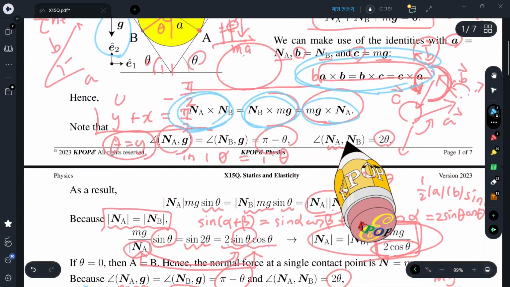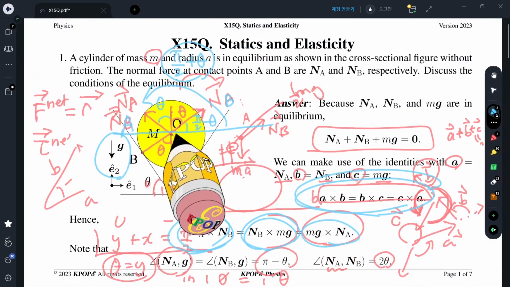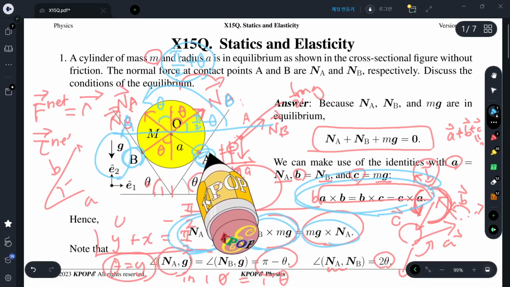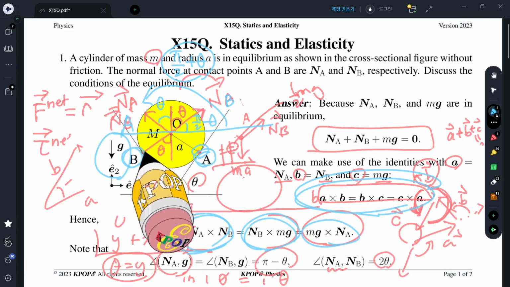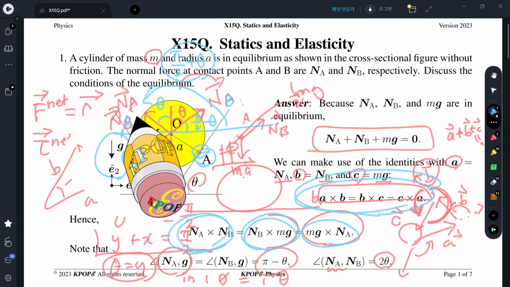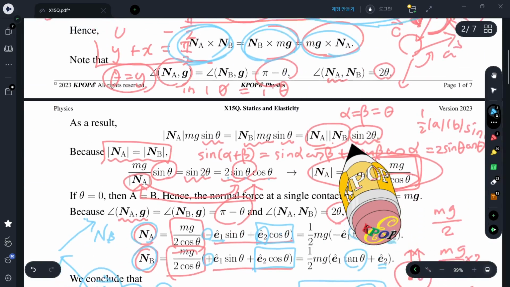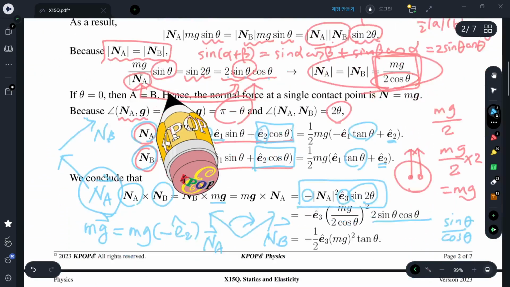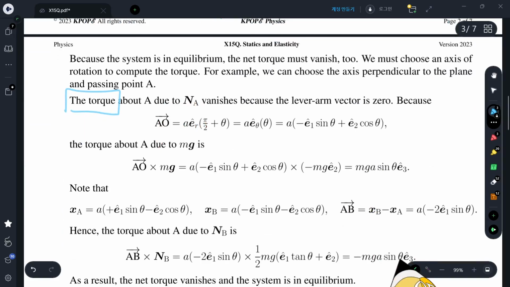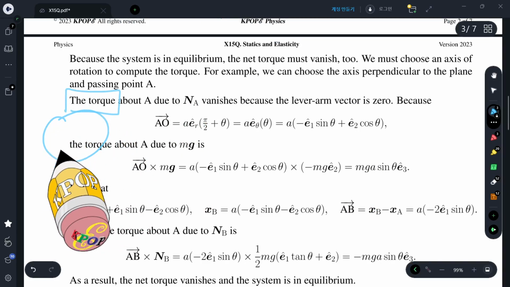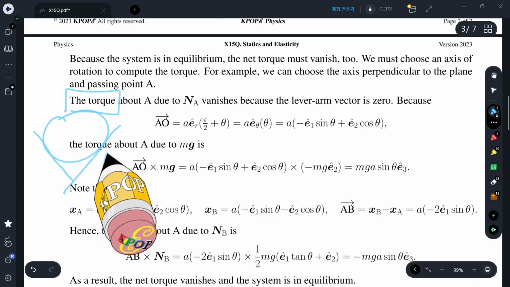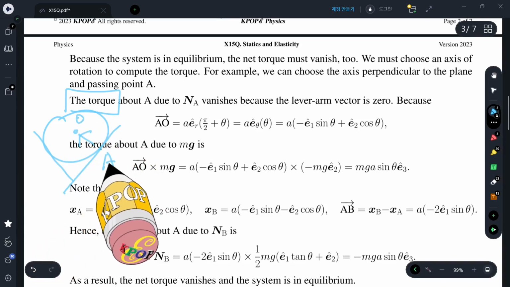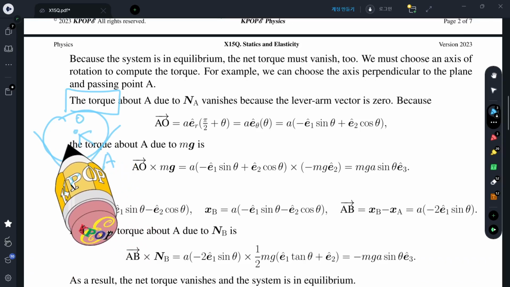Now we have found the direction. We have identified the direction of NB and NA. So we have an origin at the center of the cylinder. So first, AO. This is AO. So this is the direction of NA.